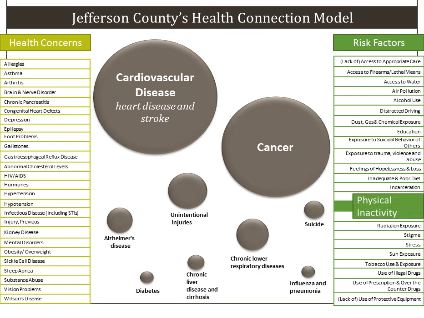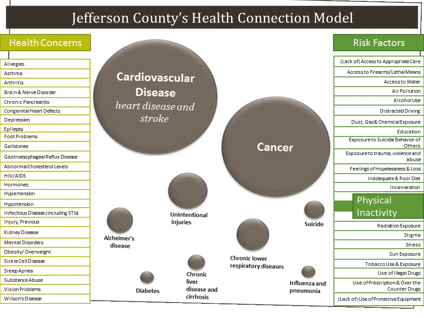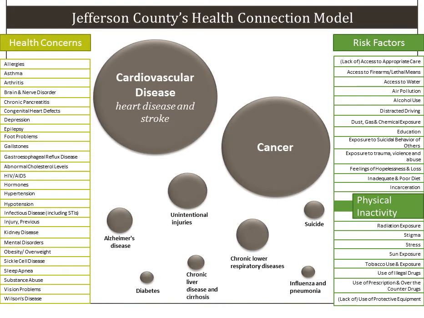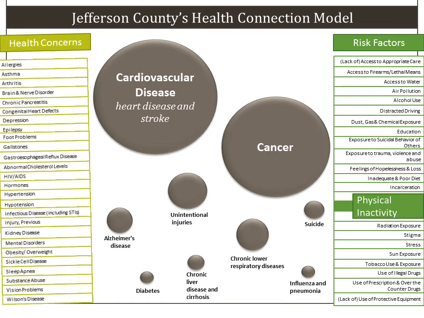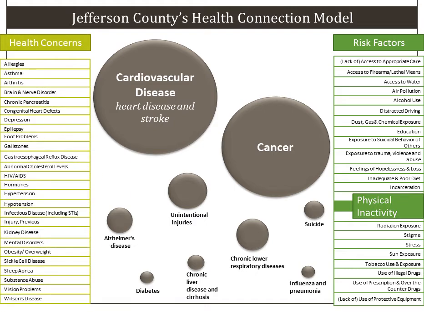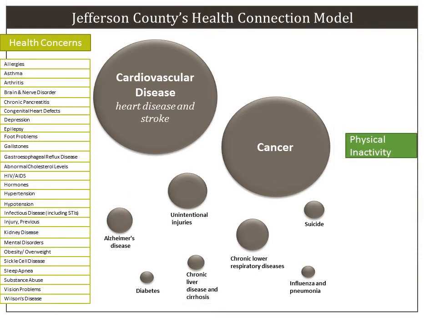We have physical inactivity as our risk factor in the dark green. The gray circle represents the top 10 causes of death, and to the left we have a list of health concerns. Now we will show how physical inactivity is a risk factor to the top 10 causes of death.